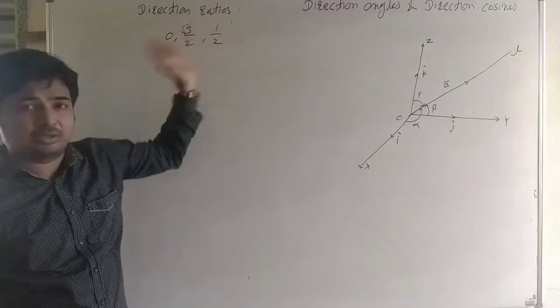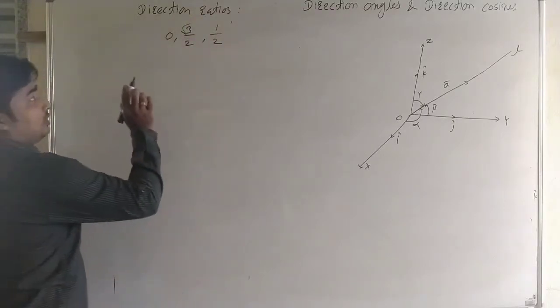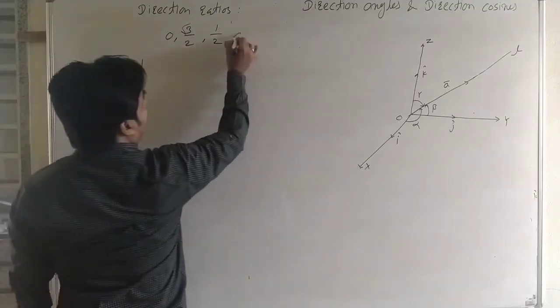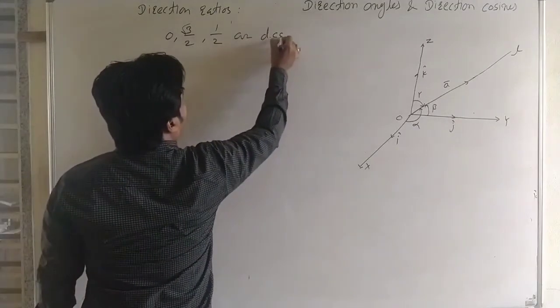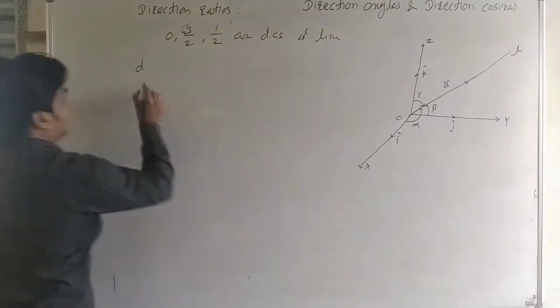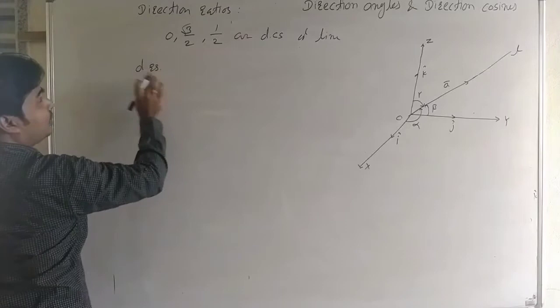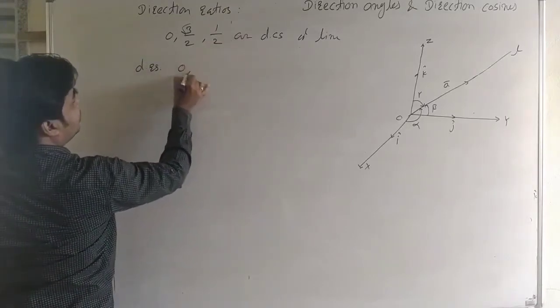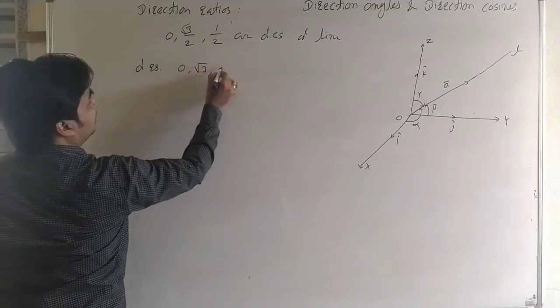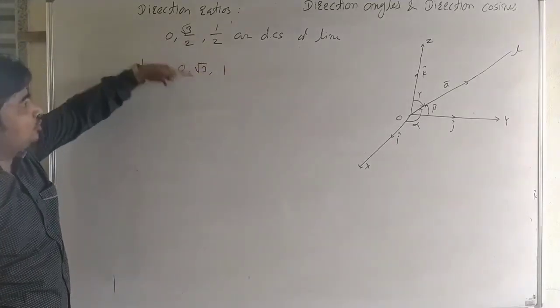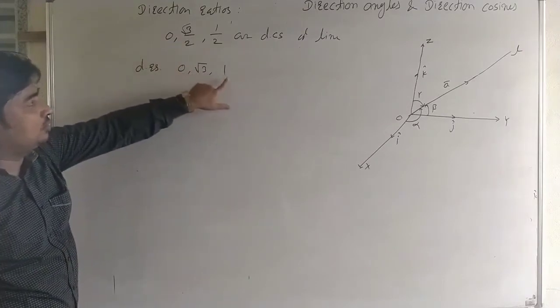Now the direction ratios, which are proportional to these numbers, are 0, root 3 and 1.